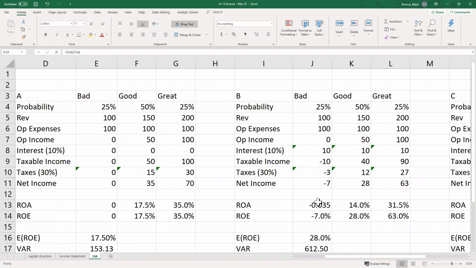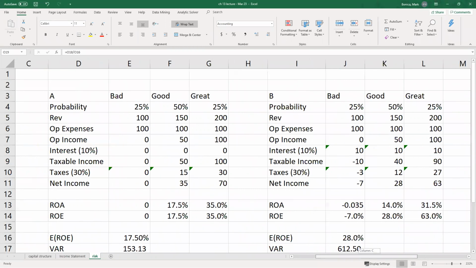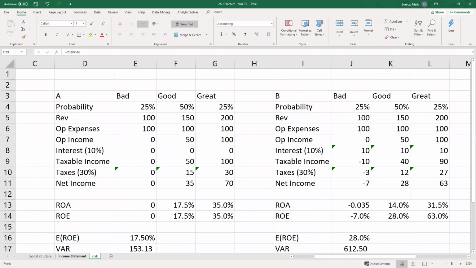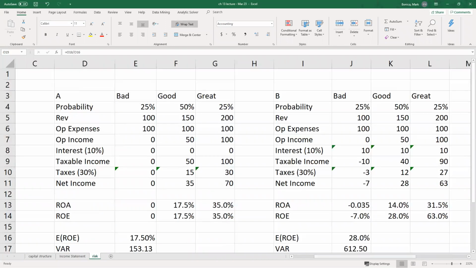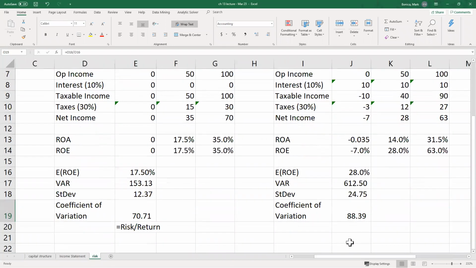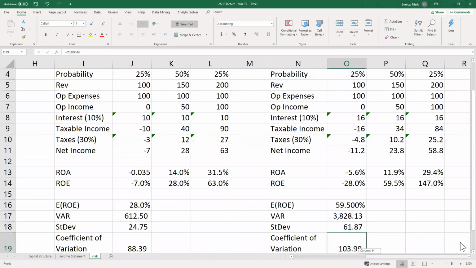So you remember that. On the one hand, having a lot of debt creates some financial risk, but it also creates the opportunity for amplifying your gains dramatically, right?